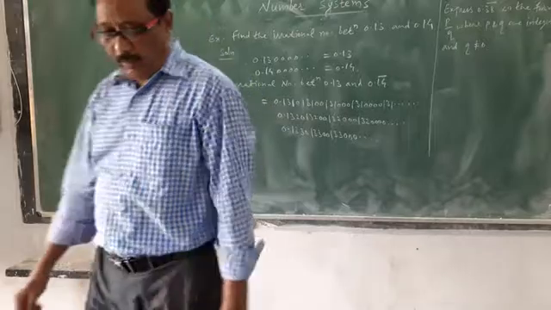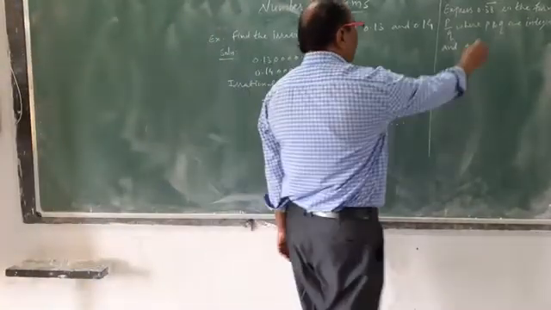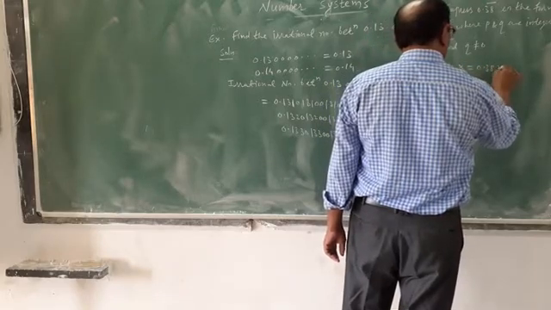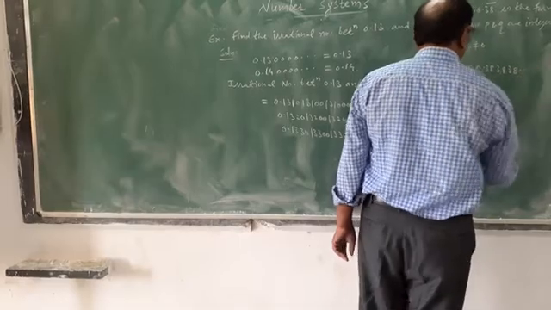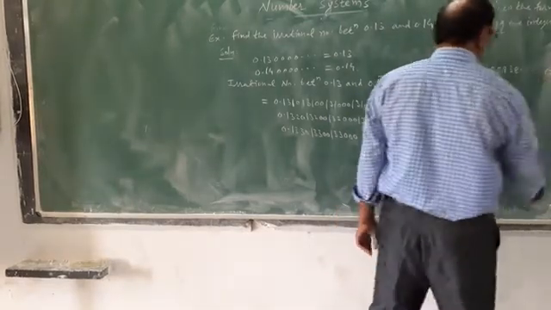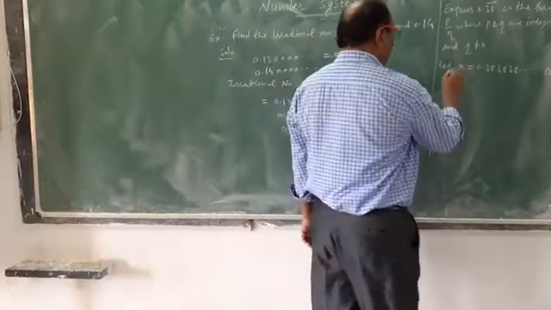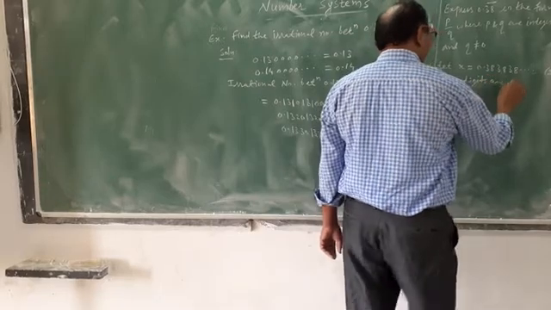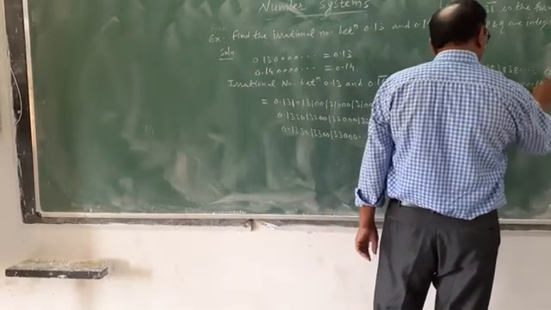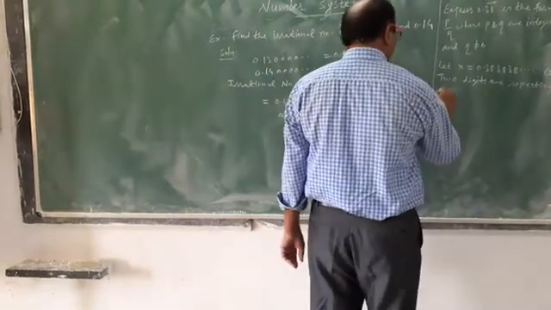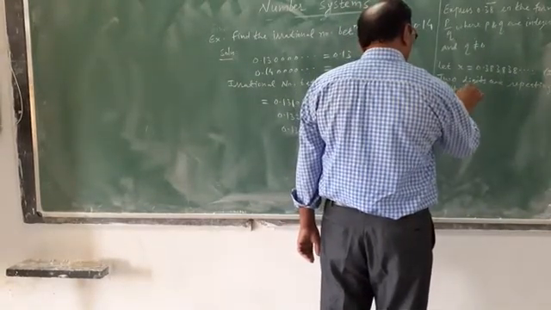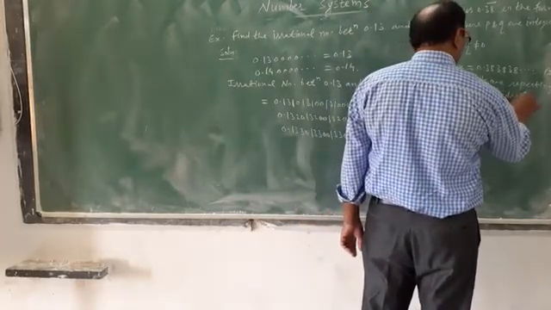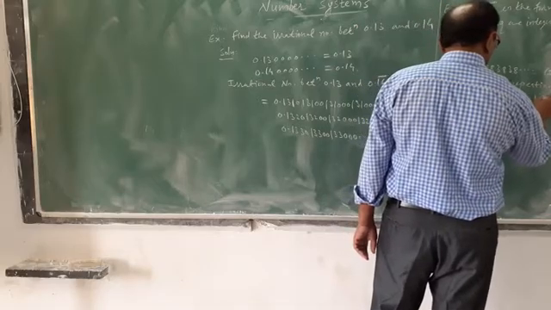Here two digits are repeating. Therefore, we take x is equal to 0.38, 38, 38, like this. Suppose this is equation number 1. Two digits are repeating, therefore multiply both sides by 100.